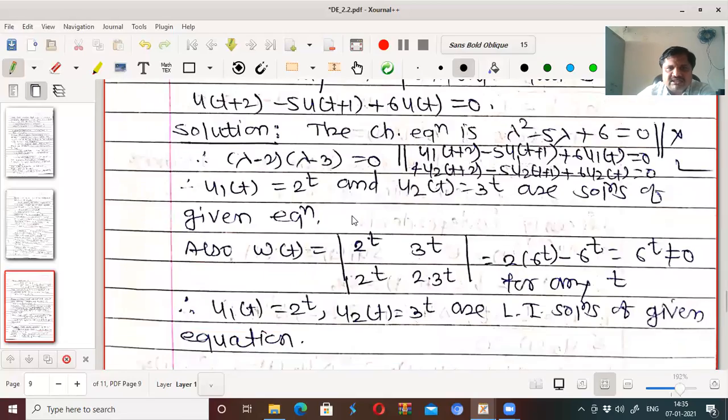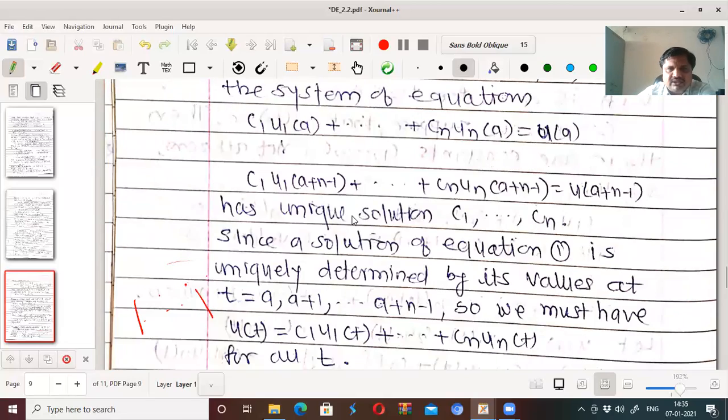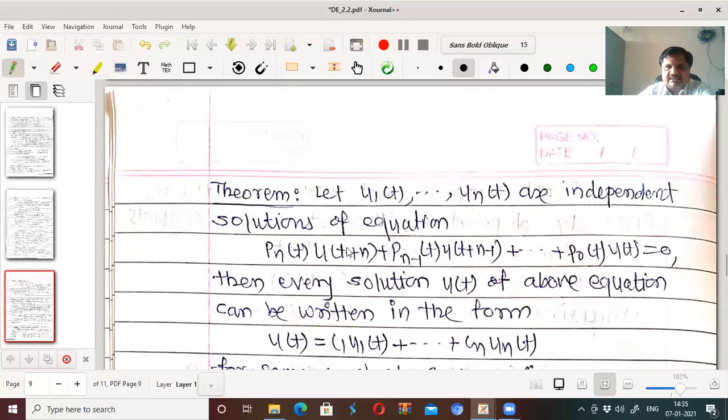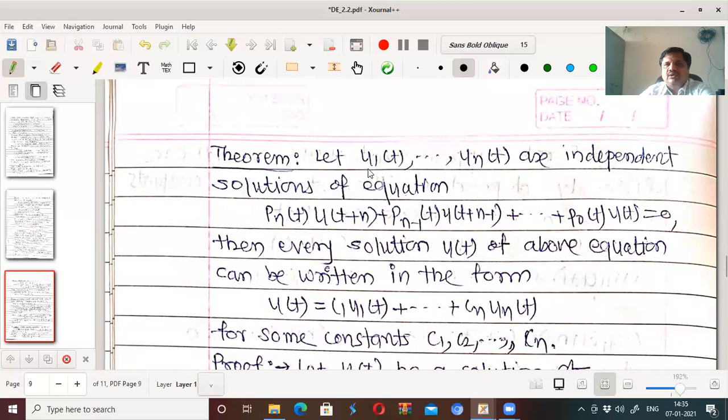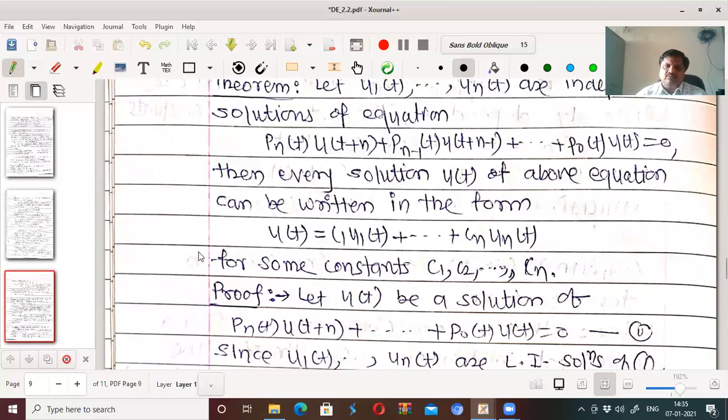So, which result did we use there? I think we have used it somewhere here. If u1 up to un are linearly independent solutions of an nth order difference equation, then its general solution can be written as c1 u1t plus up to plus cn unt, for some constants c1, c2 up to cn.